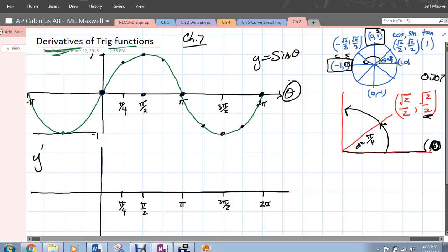Because the slope of this tangent line here is 0, we drop straight down and we plot y equals 0. Good, we have zeros over here as well. So there's a 0 at pi over 2. There's a 0 here, and so on. All right. Well, that's pretty good.